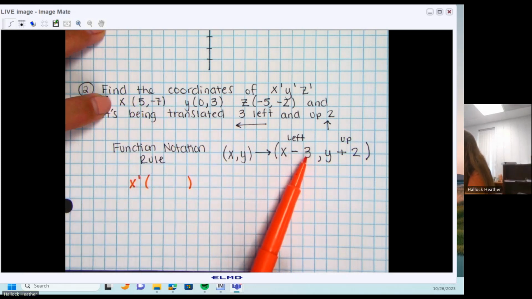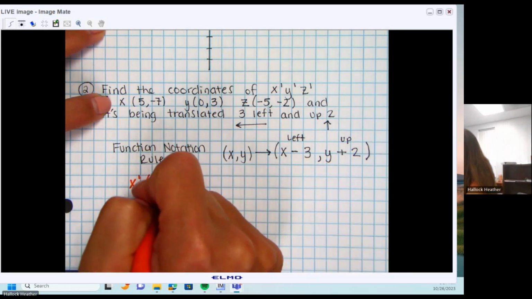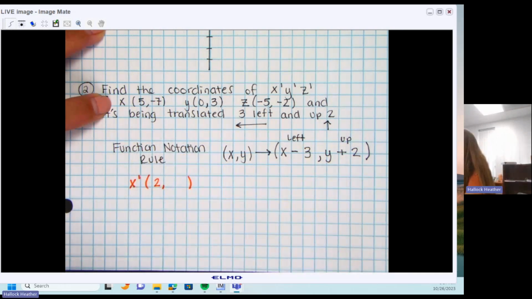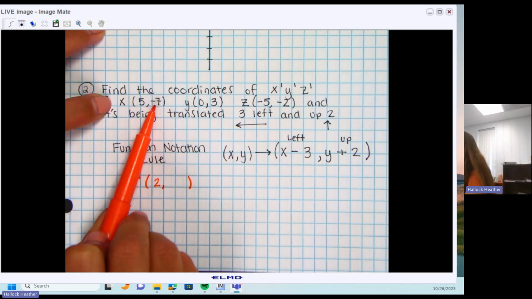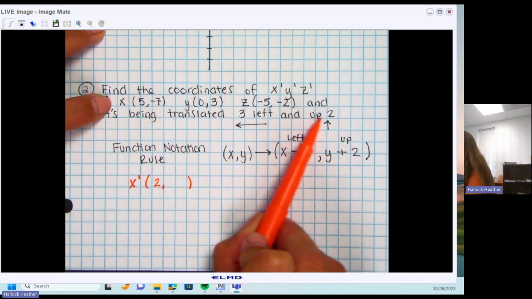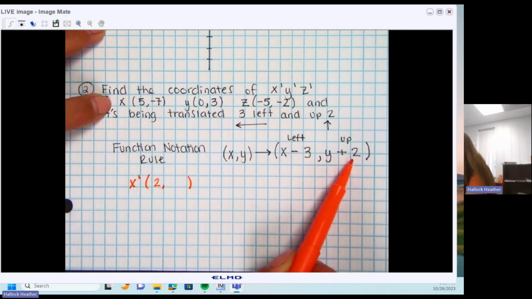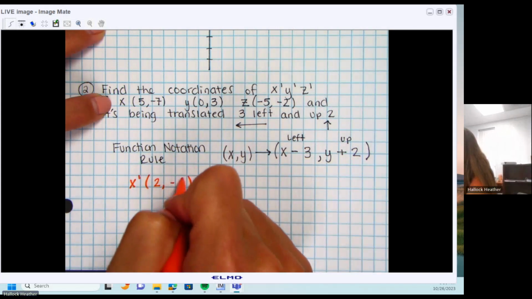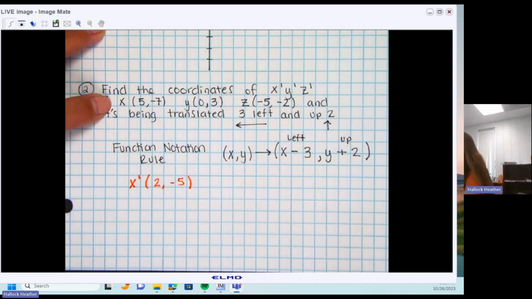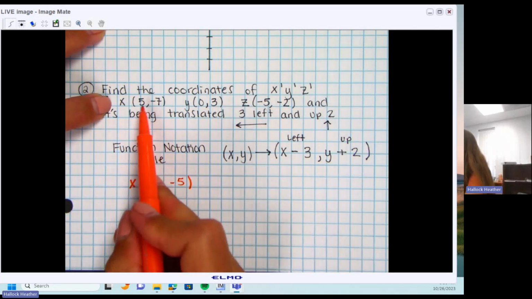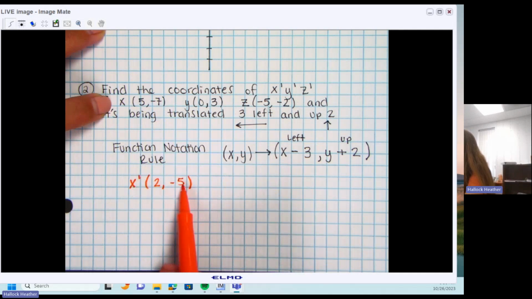It'll be at 2, because I went left 3. I was at -7, and now I have to shift up 2, so I'm going to add 2. What's -7 plus 2? -5. If you actually had a graph, it would end up translating from 5, -7 to 2, -5 if I went 3 left and up 2.